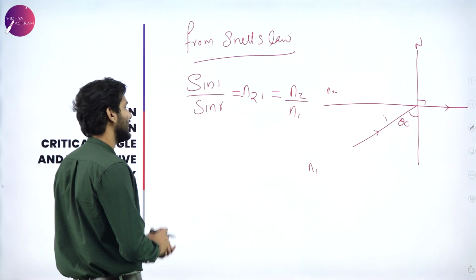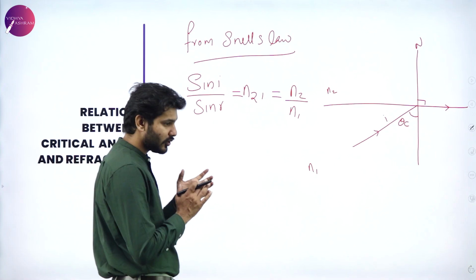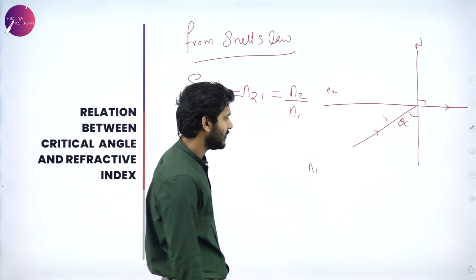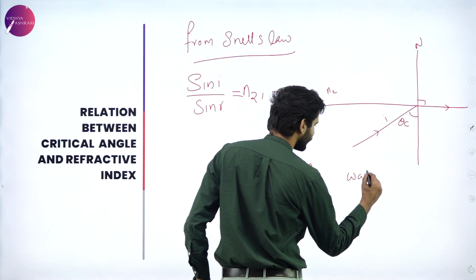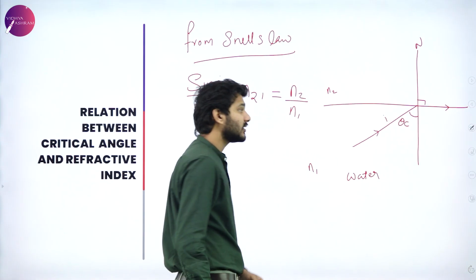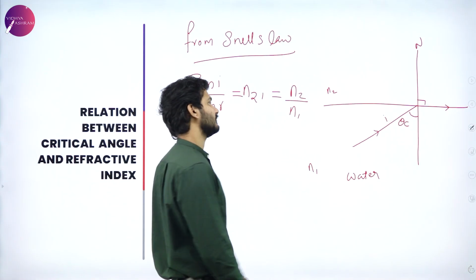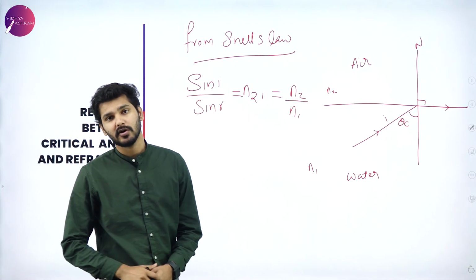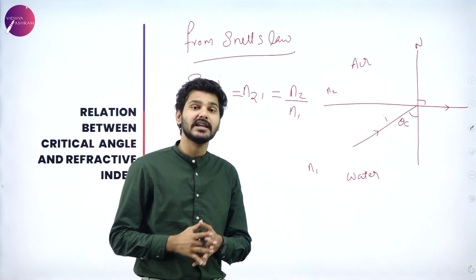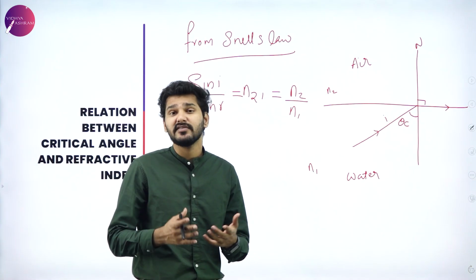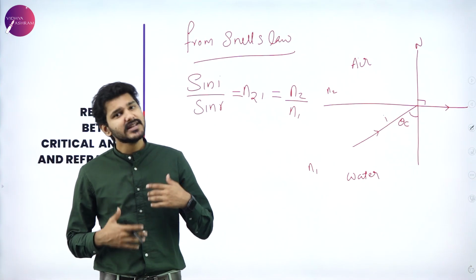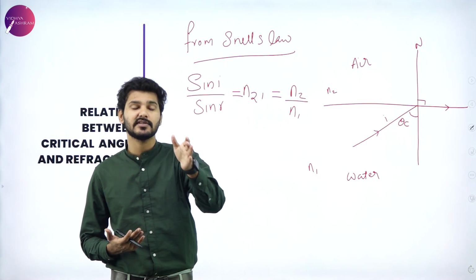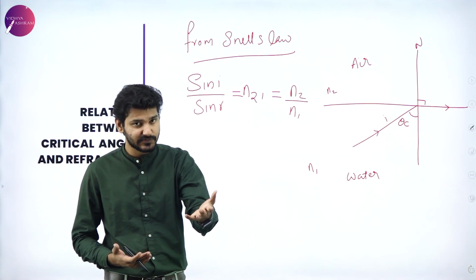In this particular case, I'm going to take the denser medium as water, and the rarer medium as air. Why I am taking air as the rarer medium is because the refractive index of air is taken as 1, and with respect to that we can compare the refractive indices of other materials.